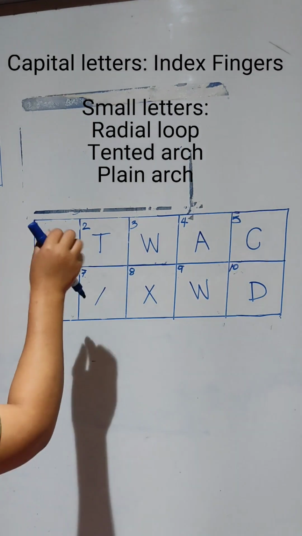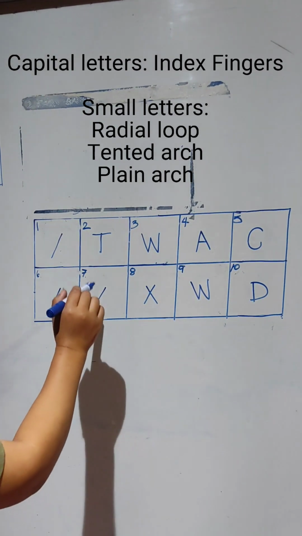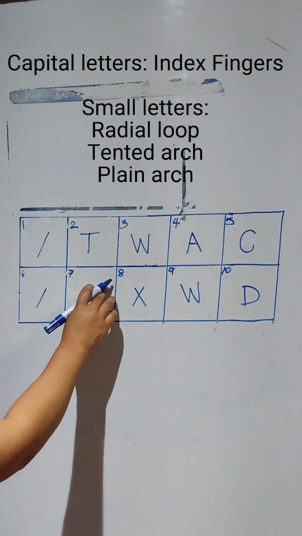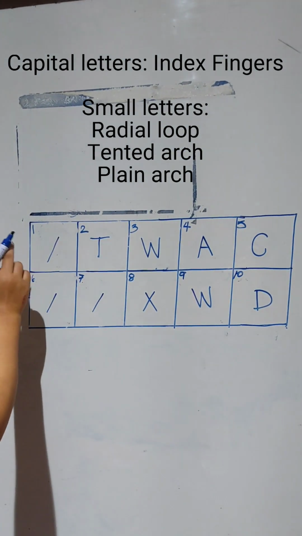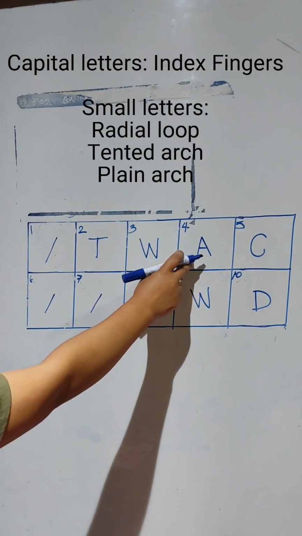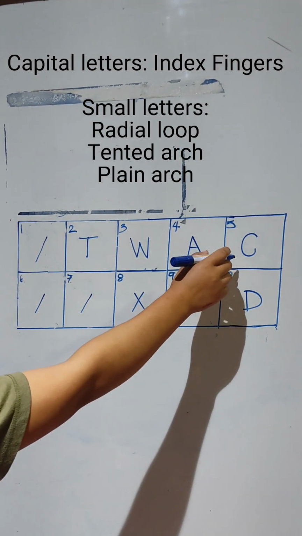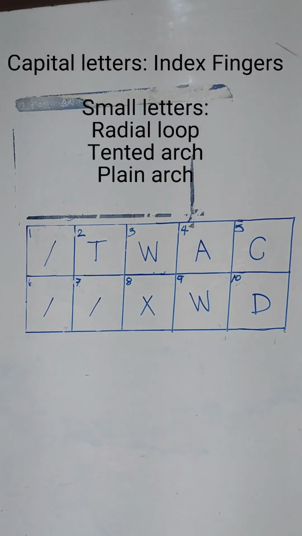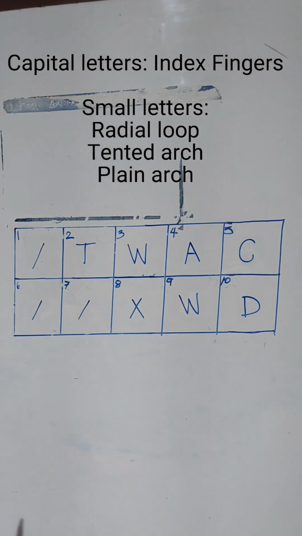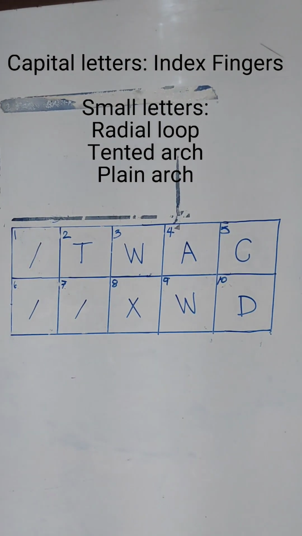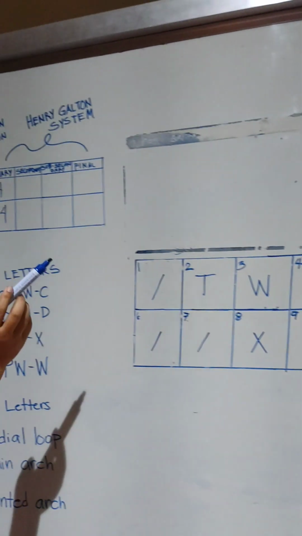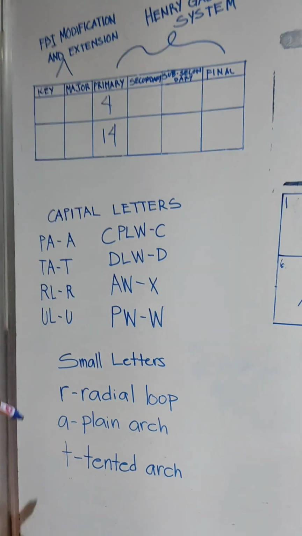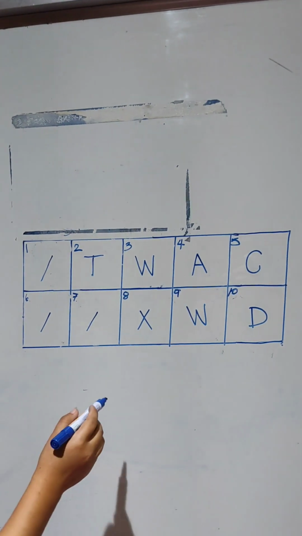But these two index fingers should be capital letters, while the thumb, middle, ring, and little fingers should be small letters, but if it is a radial loop, plain arch, and a tented arch. So this one is the guide. Now we're going to input.